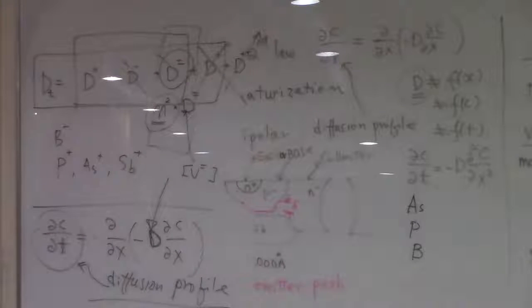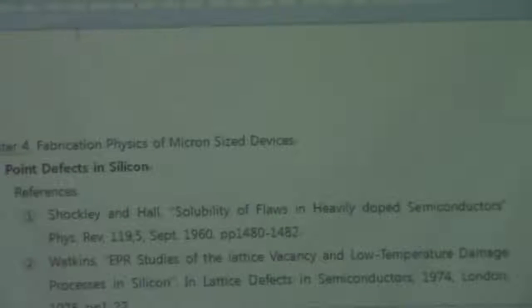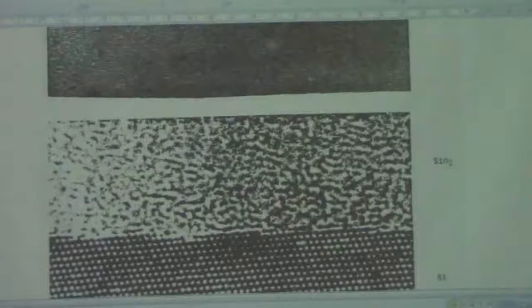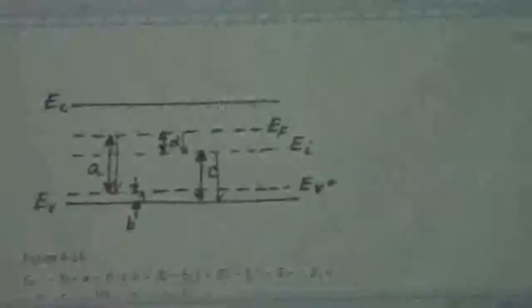Okay, turn to page 24, I think. Impurity diffusion profiles, section 4.4. In the material in the last set of notes, we just calculated the diffusion coefficient.